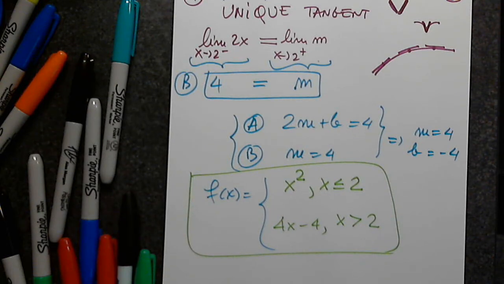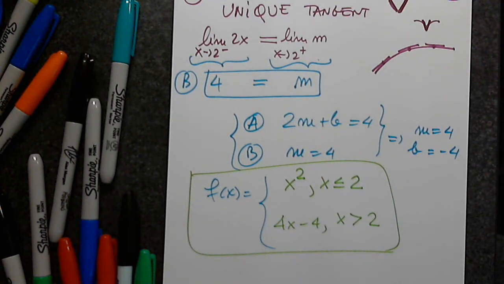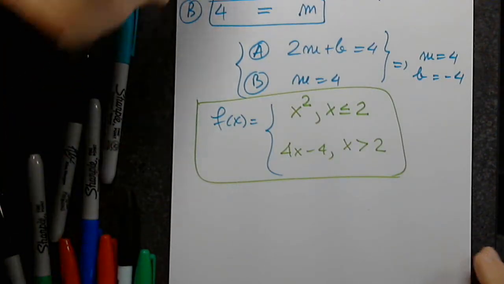Very good. So there is no cusp and no corner. At every point on this function, there is only one tangent. The function is continuous, and at every point, there is only one tangent, which means the function is differentiable everywhere. It has a unique tangent at any point.